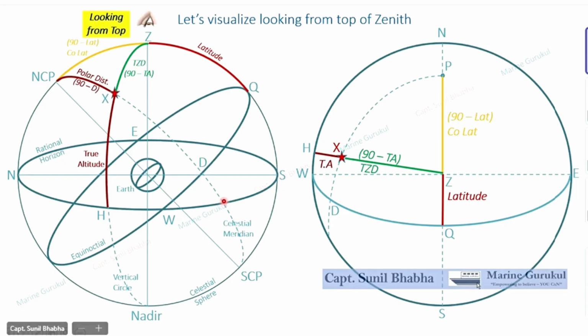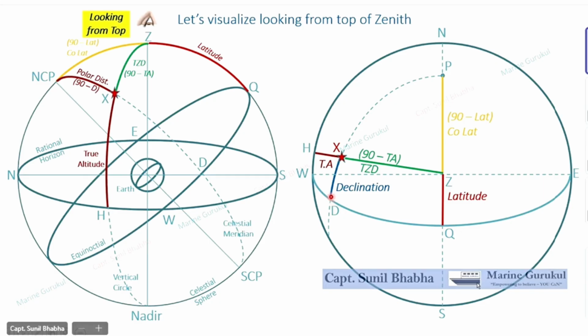Now let's mark off on this celestial meridian. From the equinoctial up to the body, D to X, this basically represents the declination of the body. How much north or how much south of the equinoctial a particular body is, is its declination.